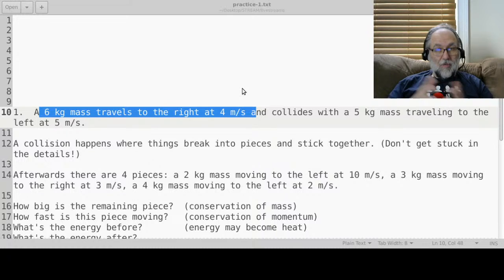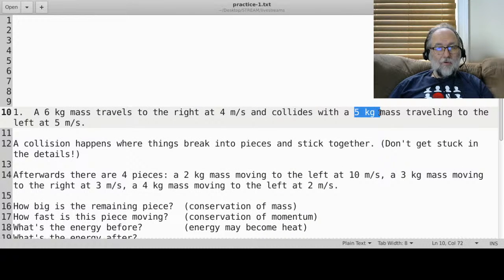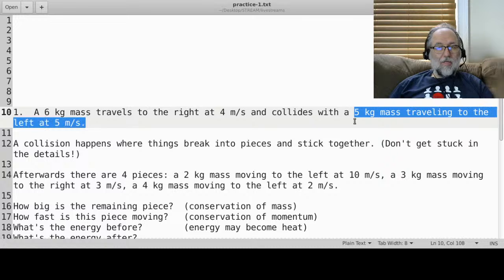But in general, especially in 2D, we'll need diagrams, and you'll see that in my last question. So a 6 kilogram mass is traveling to the right at 4 meters per second, and we'll use that as positive. It's going to collide with another mass, 5 kilograms, traveling to the left at 5 meters per second. Left is going to be negative.